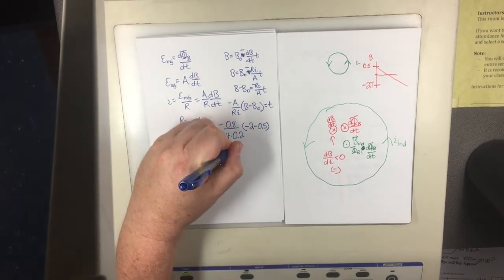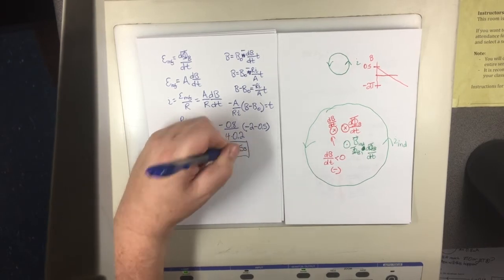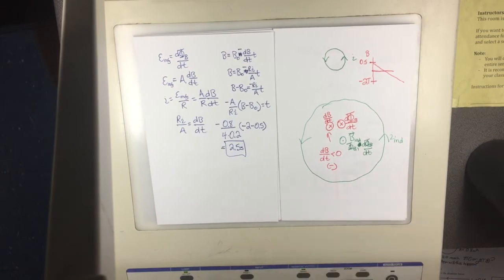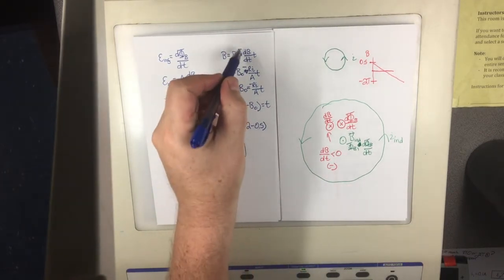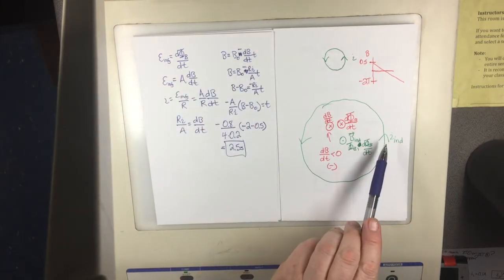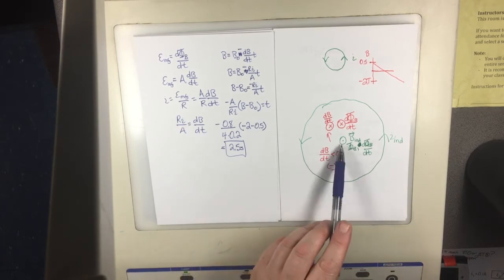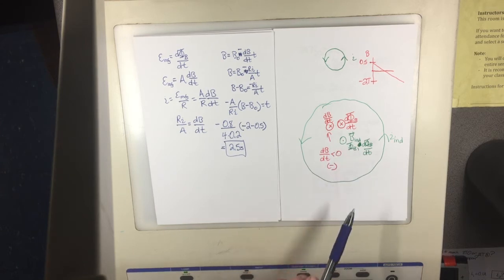Will you explain why it's negative? Okay, hold on. All right, in order to get the negative sign there, we have to manually put it in. Why do we know this? The current is counterclockwise. That means that the induced flux must be out of the page.